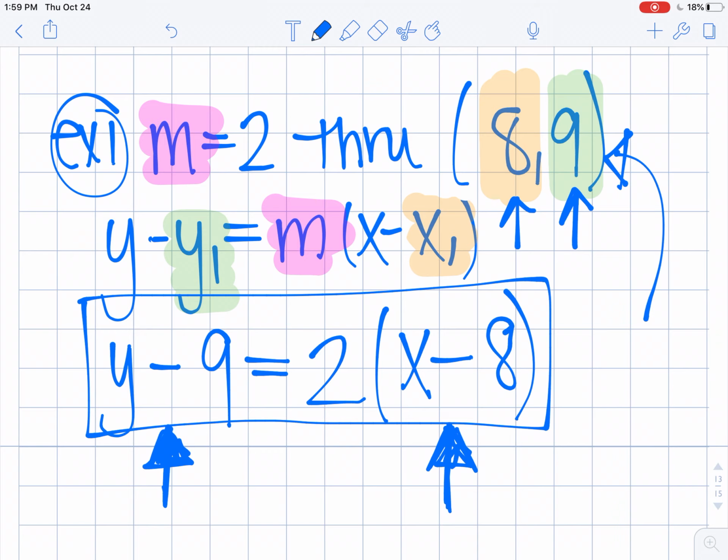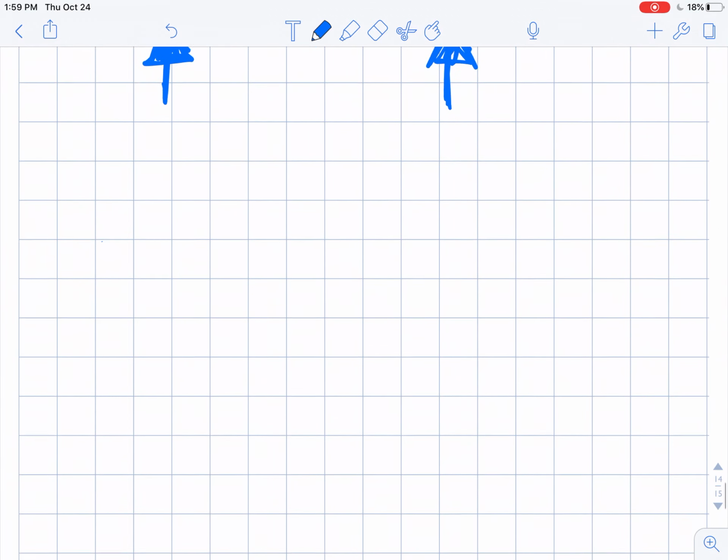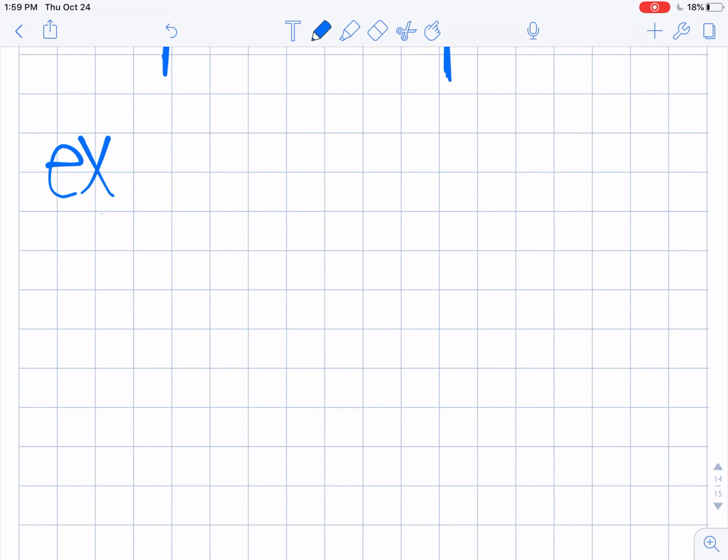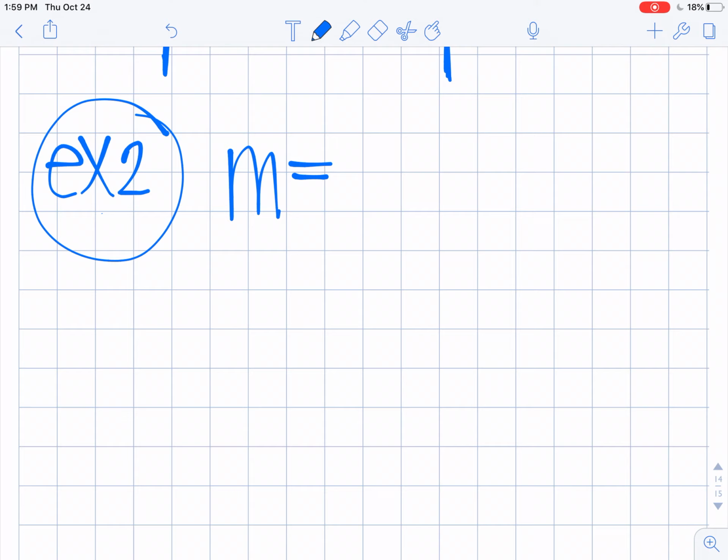So let's do another example. Example number 2 says, let's just pick my slope to be 1/2, and I want it to pass through my point (-1, 4).